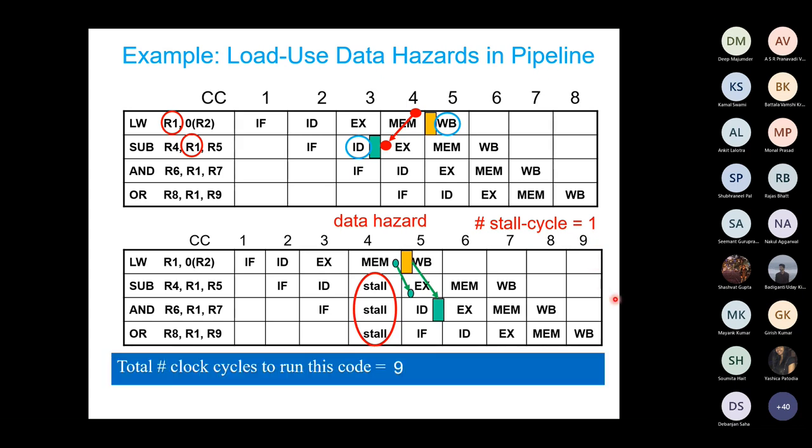The total number of clock cycles to run this code is 9. Whenever a register is immediately needed following a load, when the destination of the load is the source of the next instruction, then you have to insert a stall anyway.